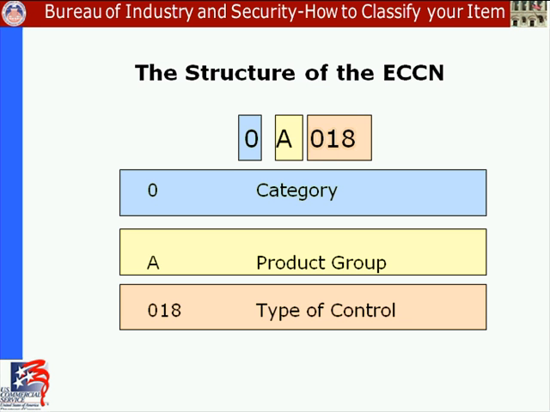So in category 0, we have things like the crime control items, like shotguns or handcuffs. Shotguns are in 0A984 and handcuffs in 0A982. They don't really belong to another industry like categories 1 to 9. So we put them in category 0.